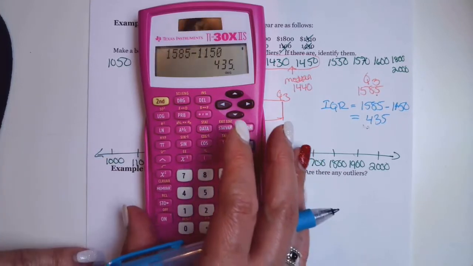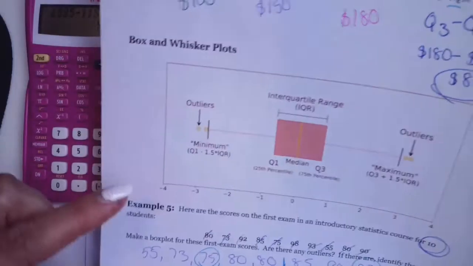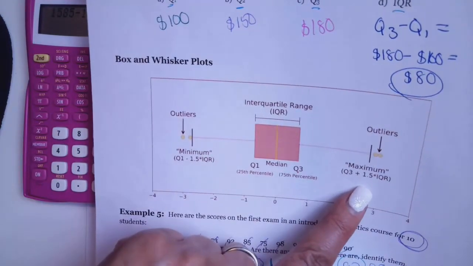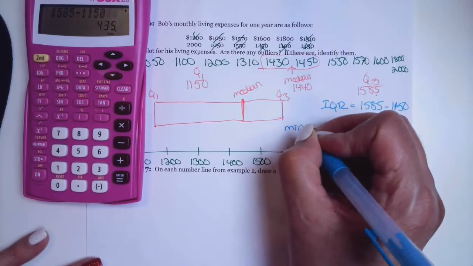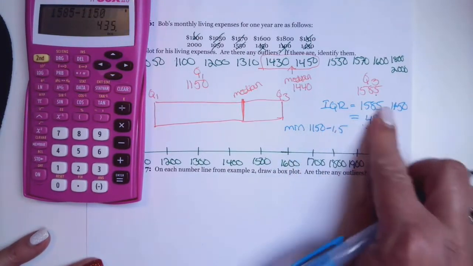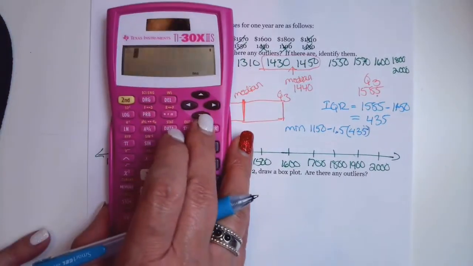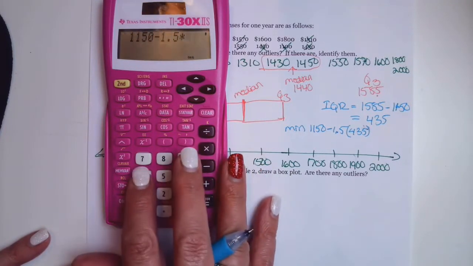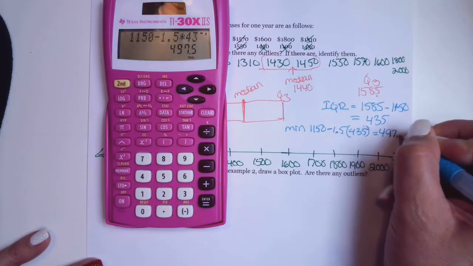And then our minimum, again. The minimum is Q1 minus 1.5 times IQR. Maximum is Q3 plus 1.5 times IQR. So our minimum is 1,150 minus 1.5 times 435, and that becomes 497.5.